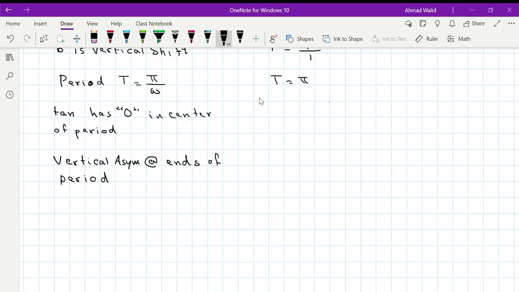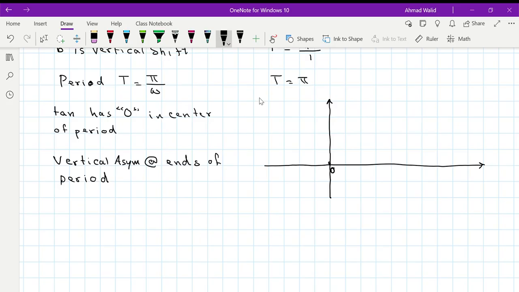Now, how to graph? The period for the tangent is kind of tricky because at the center it has a 0, and the graph of tangent doesn't start from 0. If pi is the period, you divide it by 2, because it should be on the two sides of your 0.